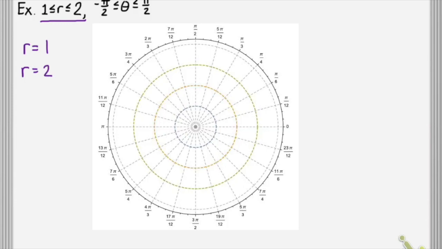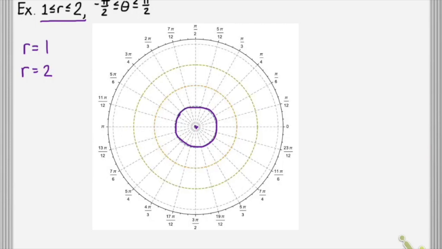So r equals 1. Now what I have here is a picture of a polar grid or graph paper, which is really nice for this because I have a bunch of concentric circles. I have the center, which we're thinking of as the origin. A circle of radius 1 is our first circle, so we will mark that. This is r equals 1.